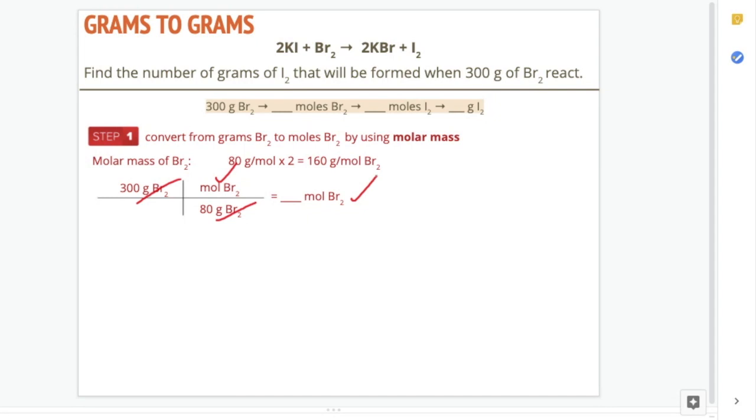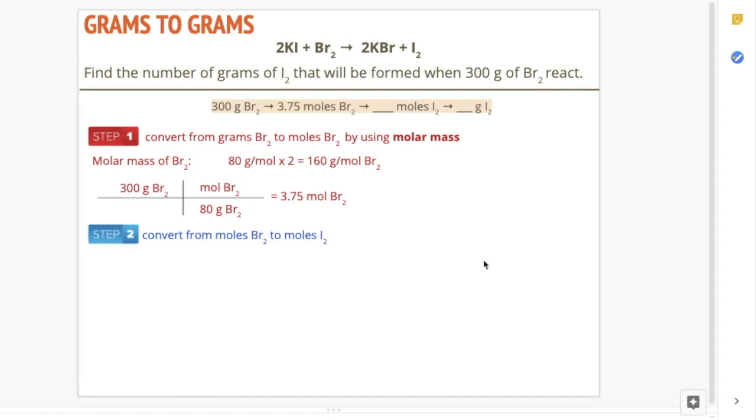So I just need to pop this in my calculator. I need to put 300 divided by 80 in my calculator, which gives me 3.75 moles of Br2. So let's record that up here. We're going to keep track of everything right here just to make life a little bit easier. So now that we got that, we can move on to step 2.